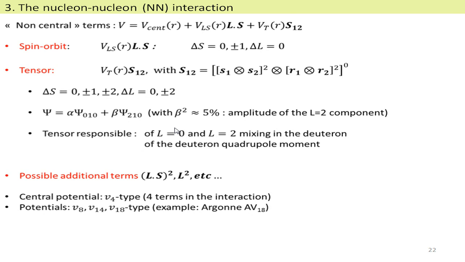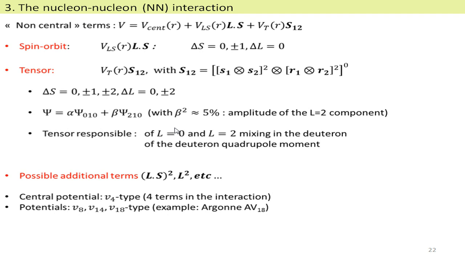Then you may have couplings between different values of L and S here. And with the tensor force, you can have a mixing in the ground state of the deuteron. So you have essentially a component with L equals 0, and in the deuteron you have a small component of L equal to 2.